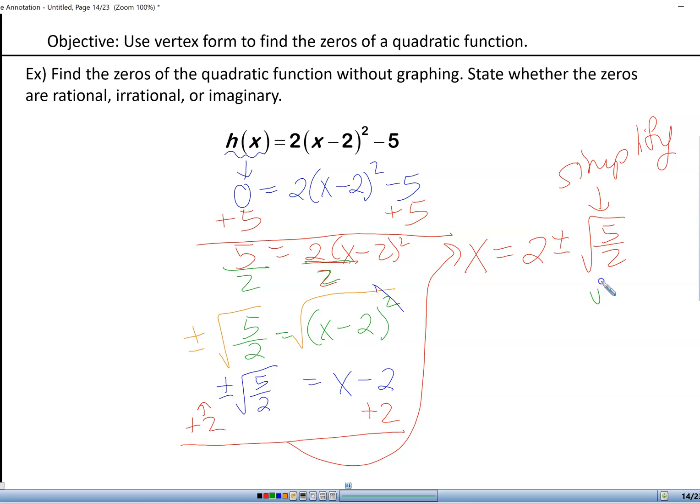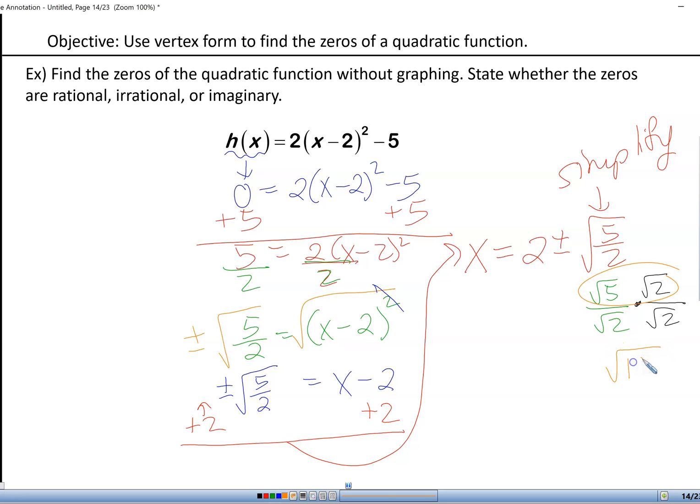So remember, this would be the square root of 5 divided by the square root of 2. We would now multiply by a ratio of 1, and that ratio of 1 would be our denominator, square root of 2 over square root of 2. Then multiplying straight across, the square root of 5 times the square root of 2 becomes the square root of 10.